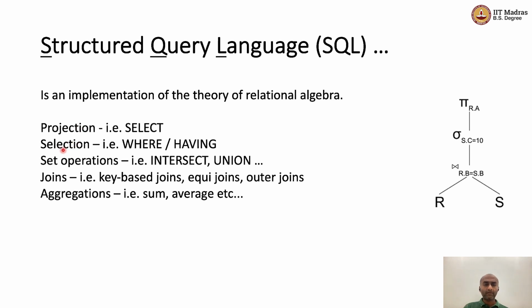The second operator is selection. Selection is basically, like the name suggests, you're selecting certain records based on some conditions. Effectively, these are filter conditions, and those filter conditions can be expressed using filter clauses. In the world of SQL, the keywords typically associated with it are where and having.